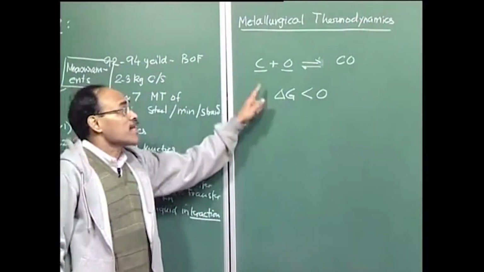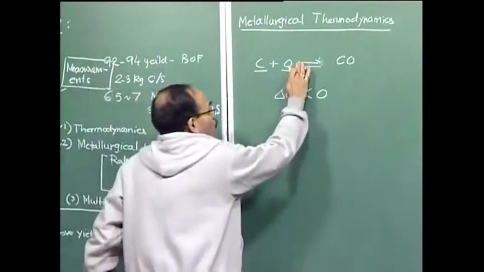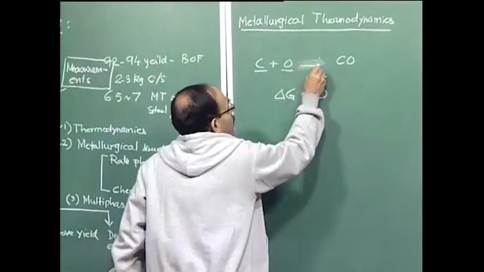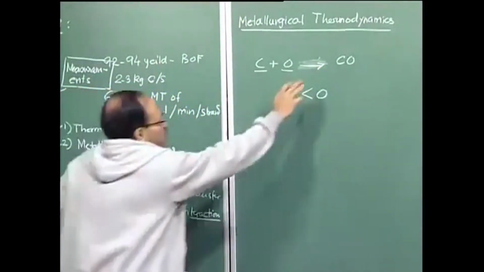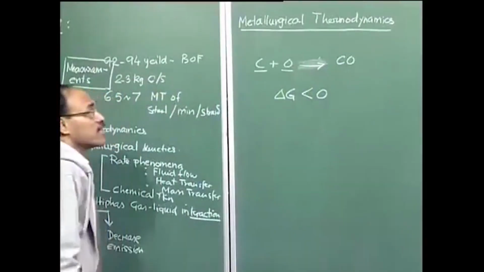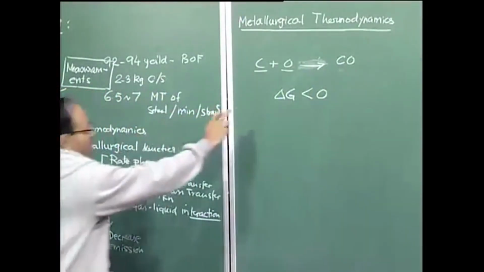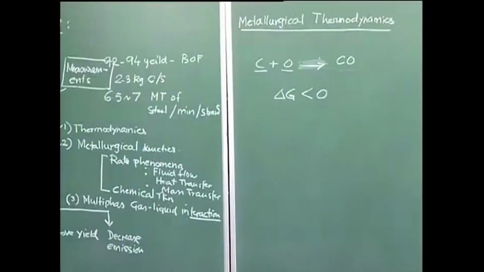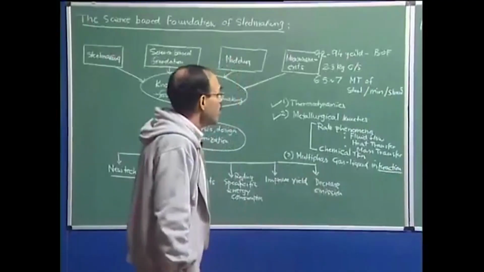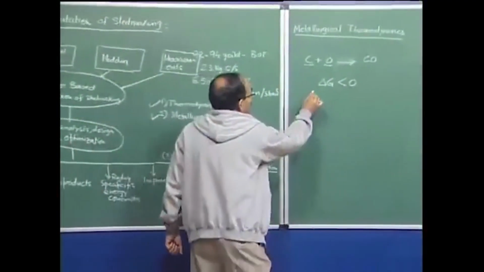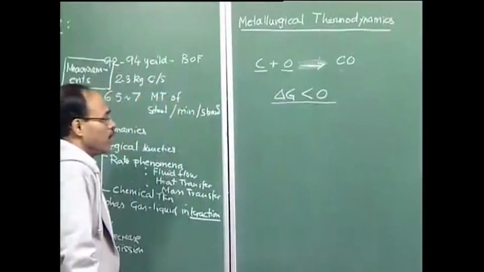In that case, we can say this is going spontaneously from left to right. So, delta G essentially means that the product has a lesser free energy than the reactant, and therefore this is a negative quantity, and the free energy becoming negative gives an essential condition for spontaneity of a process. So, this criterion we have applied in many cases.